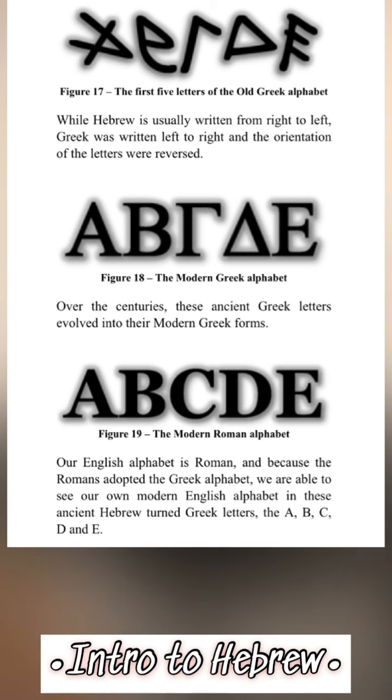So as you can see, our English alphabet is actually Roman, right? And because the Romans adopted the Greek alphabet, we are able to see our own modern English alphabet in these ancient Hebrew turned Greek letters, right? The A, B, C, D, and E.